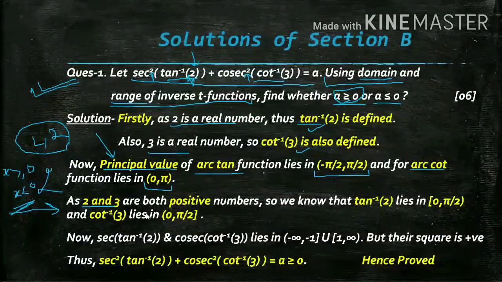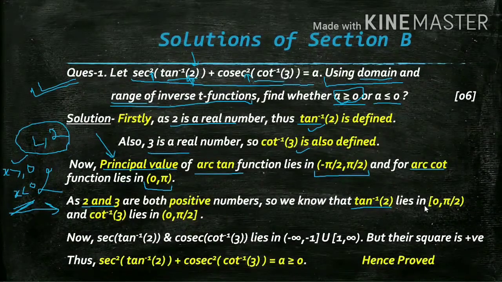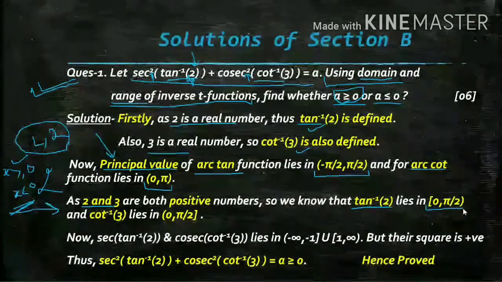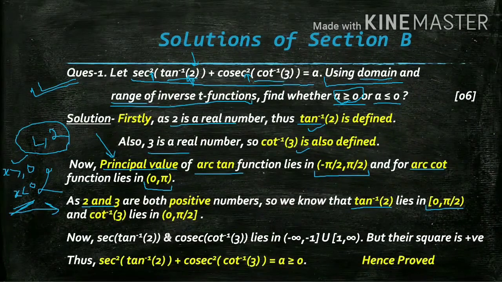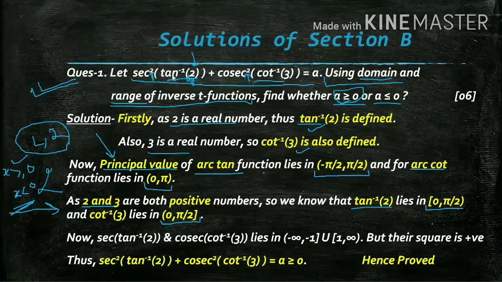So 2 and 3 are both positive, so you need to use the second last column. That means now the range for the tan inverse function would be closed 0 open pi by 2, and for the cot inverse function would be open 0 closed pi by 2. So you need to first take the sec of this tan inverse function, whose range is this, positive.